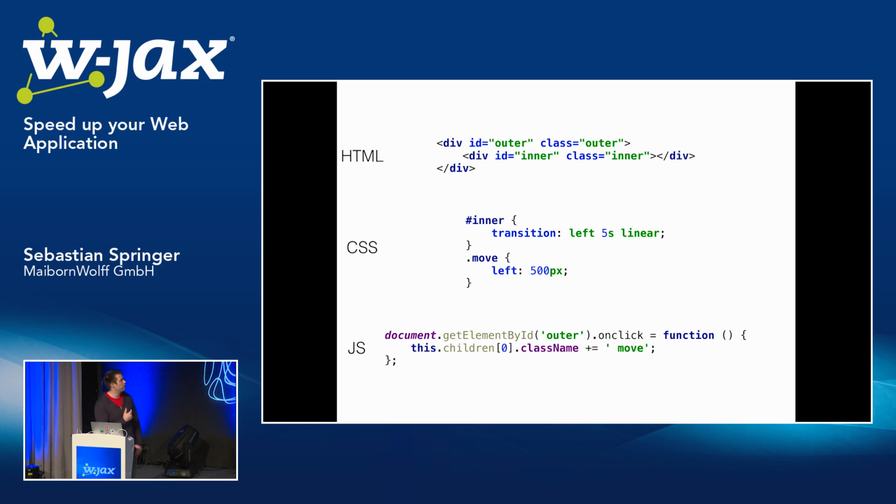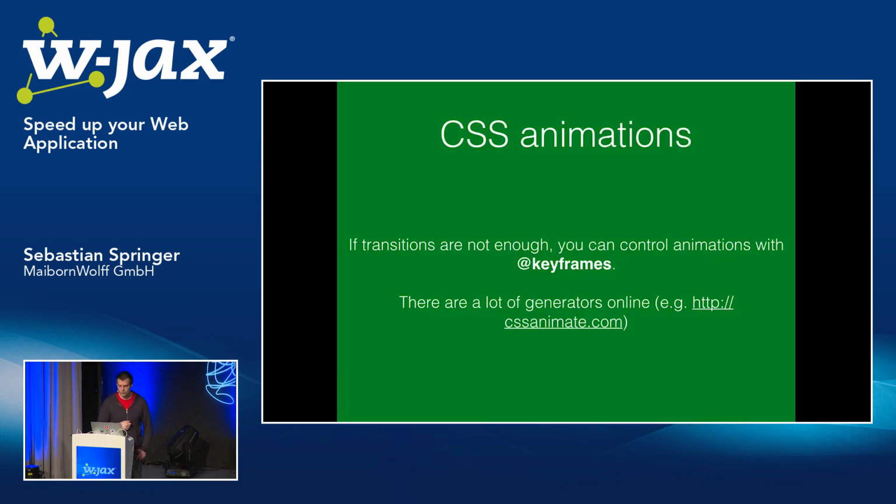If that's not enough for you, so this is a linear transformation of a certain position information of an element, and if you want to, for example, animate a curve or something, you can use the add keyframes property, which gives you a very fine control of an animation process, and you can tell the process in 1 second you move in this direction, in another second you move in that direction, and you have the complete control over the process.